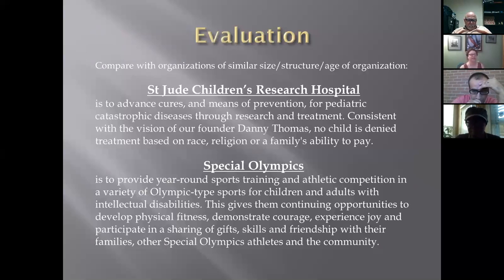Special Olympics also serves a very specific population for a specific purpose. They are training athletes, individuals with mild to moderate learning disabilities and physical disabilities, to help them grow in sports training and athletic competition.